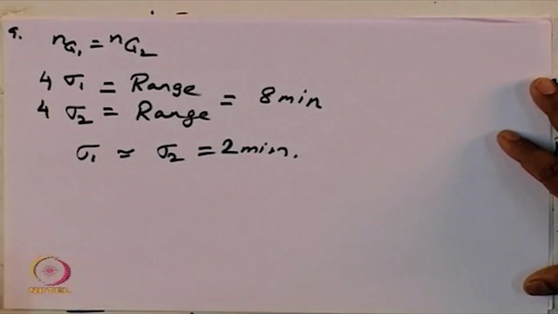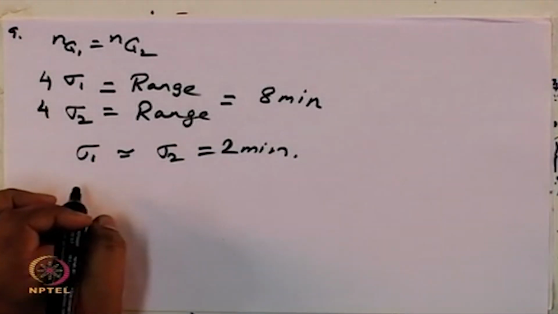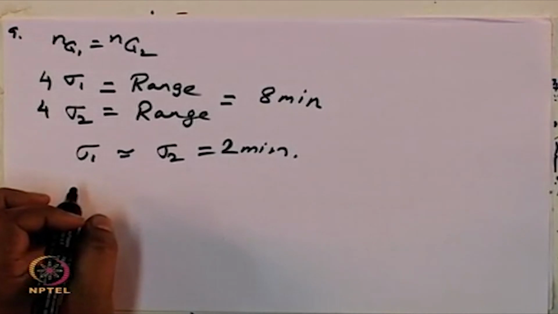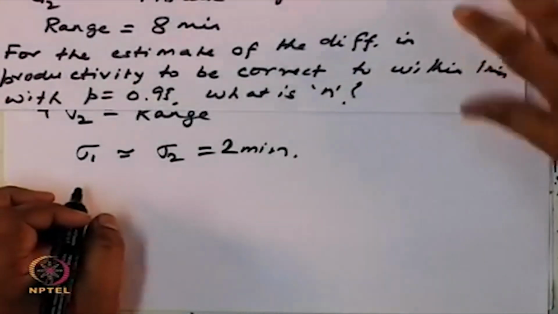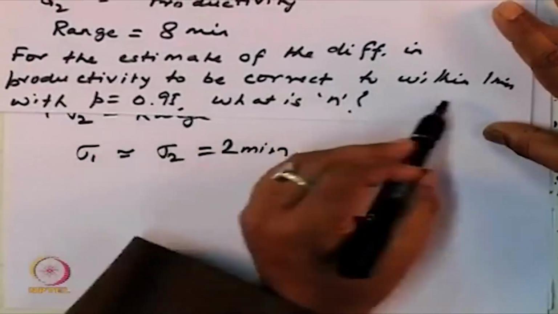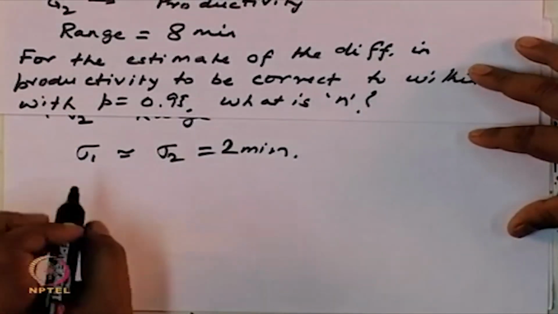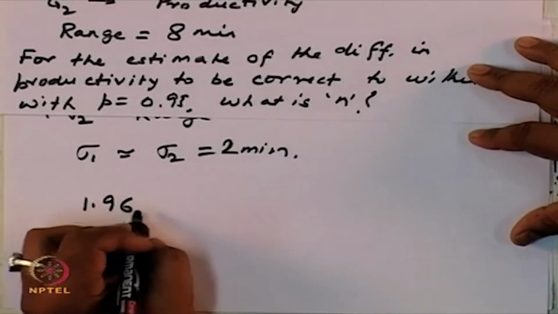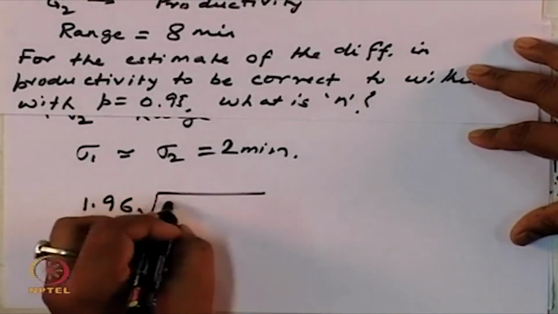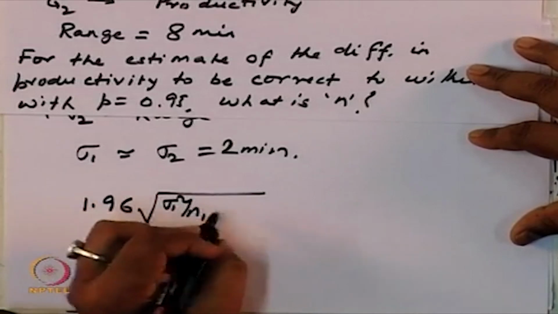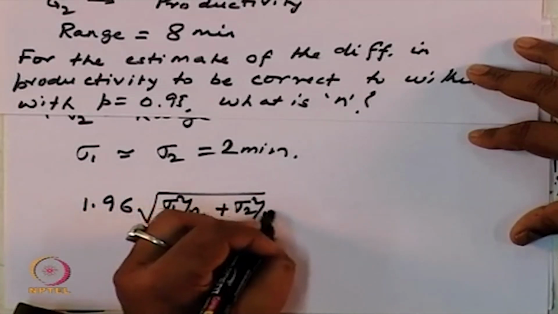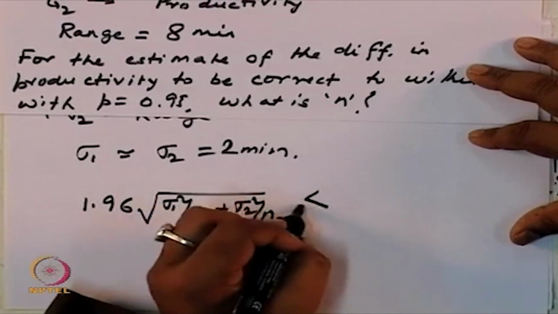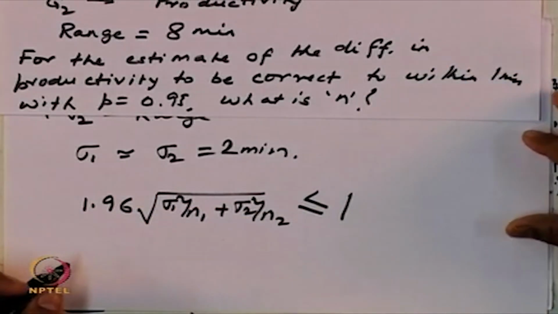And you want the difference in productivity to be correct to within 1 minute. So, the difference in productivity is given by 1.96 times the square root, and this is less than or equal to 1 minute.